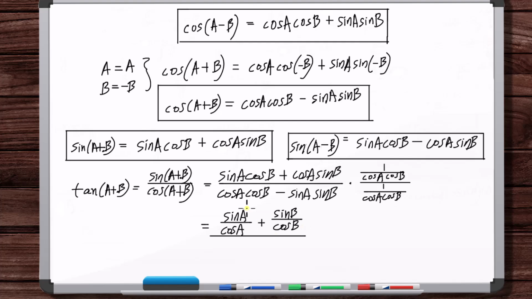Now in the denominator, you'll have cosine a cosine b over cosine a cosine b, that's going to be 1, and then sine a sine b over cosine a cosine b.